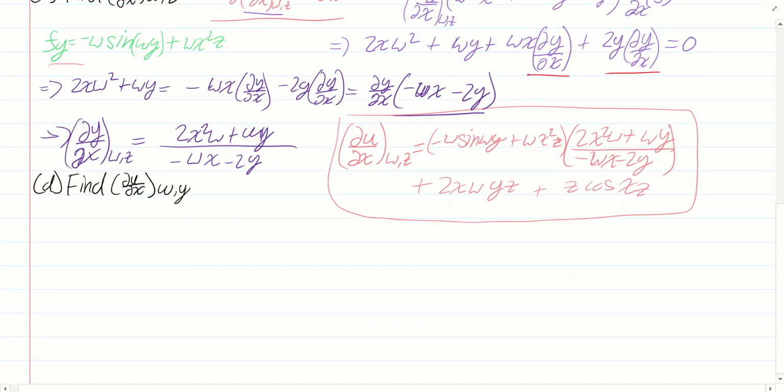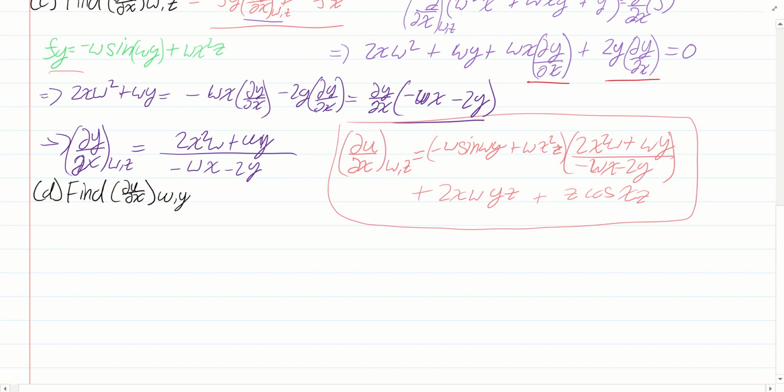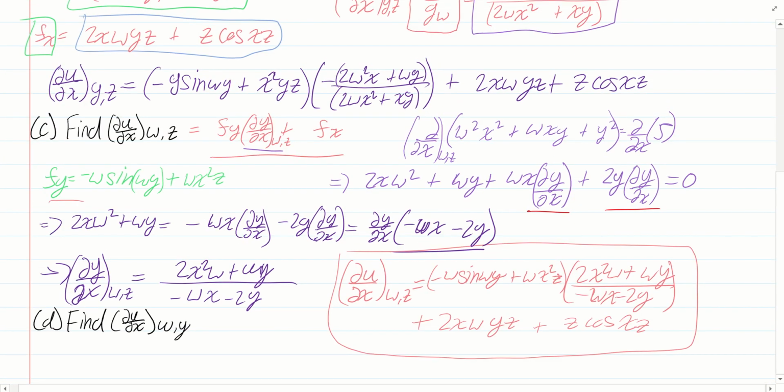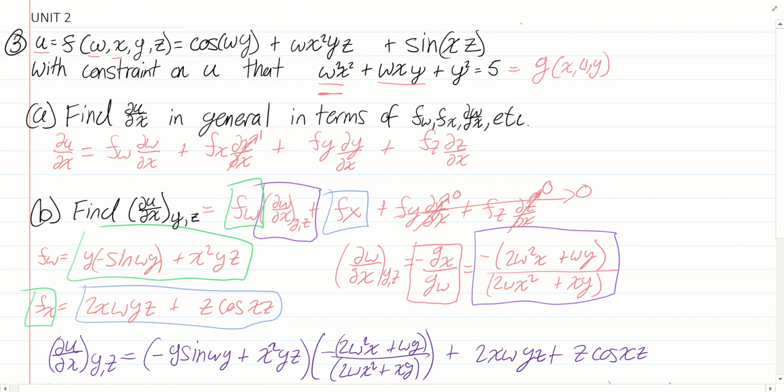Now lastly is to find the partial of u with respect to x while holding w and y constant. So this will become undefined, because when we look back at our constraint, I want to copy this and bring it down and show you why it's undefined.